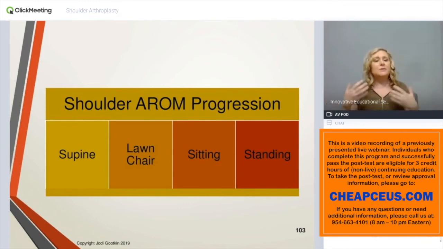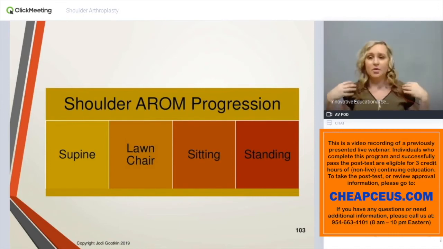Use gravity. So maybe we start our patient supine with their active range of motion or active assisted range, and that scapula is stabilized. Then we bring them up to that lawn chair position. We're using gravity. It requires a little more scapular control. We can start to look at controlling head alignment concurrent with that. Then we work them into sitting, incorporating all these components, and then standing, where they have to control more of the kinematic chain.